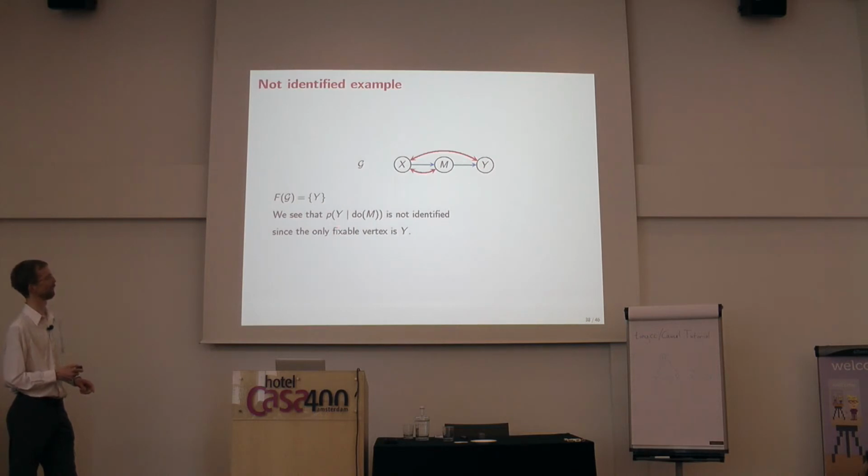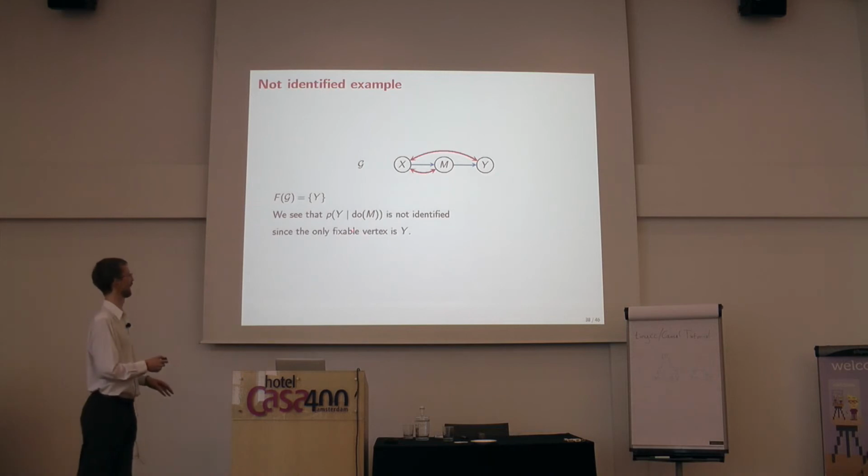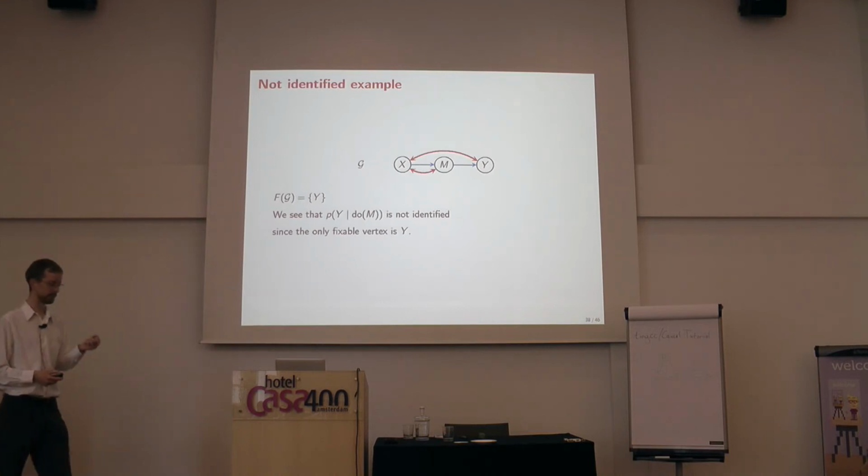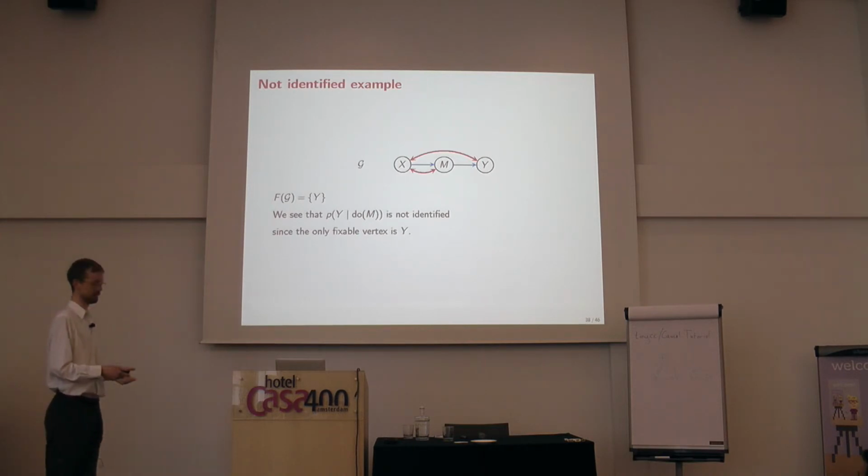I also don't want to fix Y. So I can't fix M, and I can't fix X in this graph, so I'm stuck. If I'm trying to obtain a district that just contains Y, I'm stuck because I can't fix either X or M. So I can conclude that this is not identified.